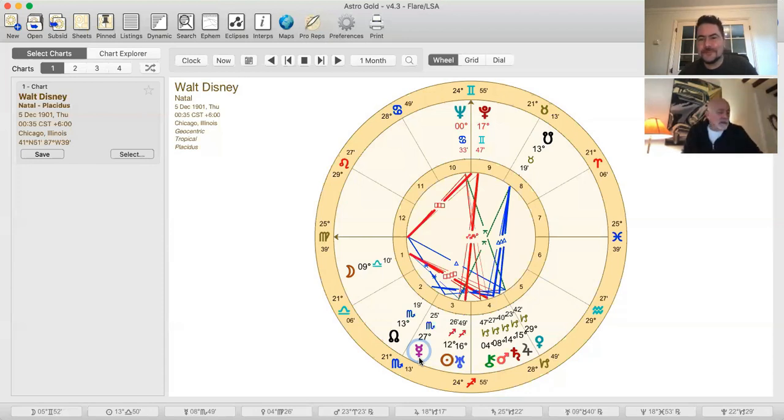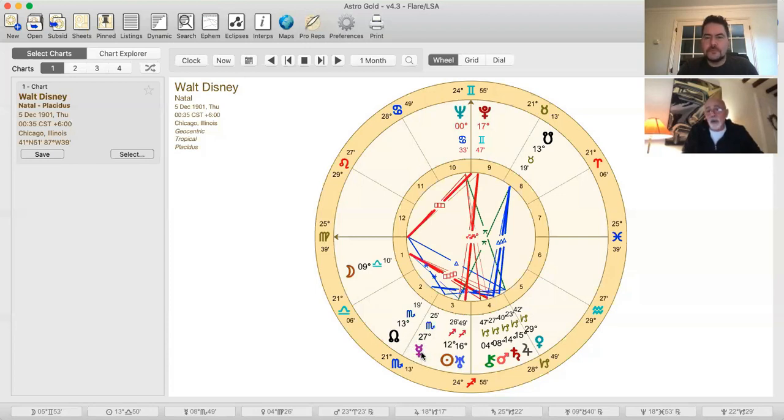The one other chart to take a look at in relation to this, and which you can see fairly easily just by looking at the natal chart, when we relocate his natal chart to Los Angeles, then what we come up with is a midheaven that is 26 of Taurus, which puts Mercury on the angle. Mercury goes right to the bottom of the chart.